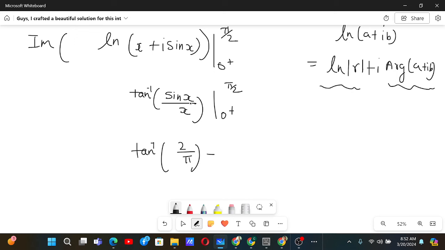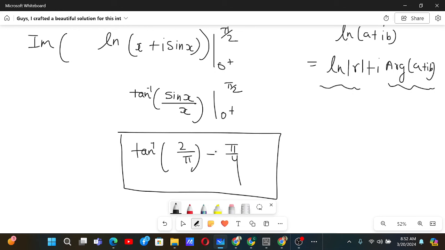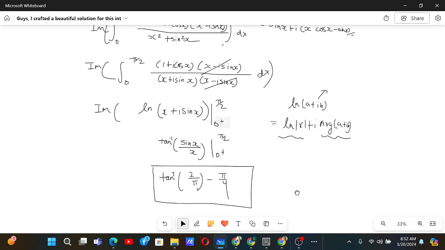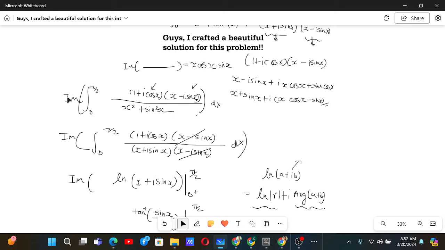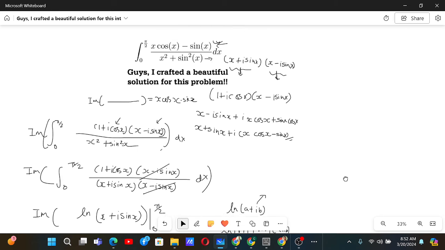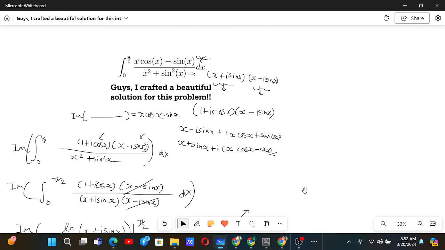At 0 plus, sin x by x is just 1, and tan inverse 1 is pi by 4, and this is the answer. So here we basically took the limit as x goes to 0 and not exactly at 0, because that's still fine for the integrals. And yes, we solved this problem.